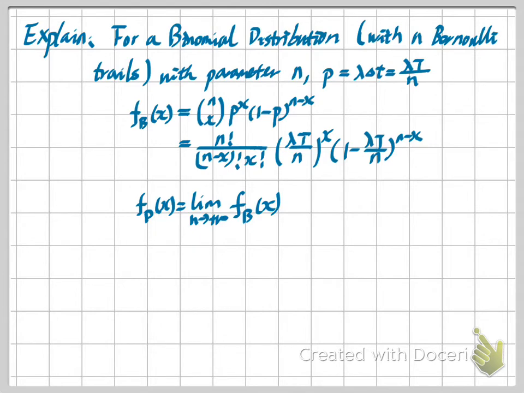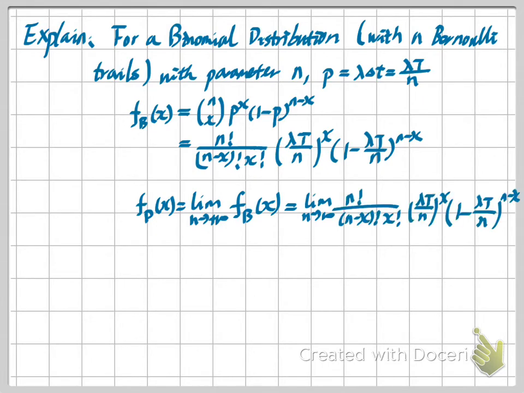Okay, so then this limit will become, after we plug in the formula for the PMF of the binomial distribution, like this. Here there is something important: we will need to use some knowledge of limits.